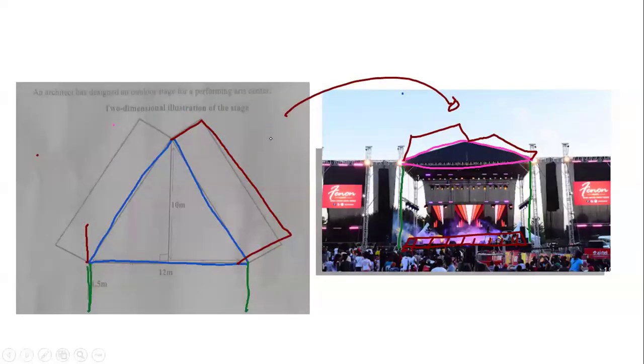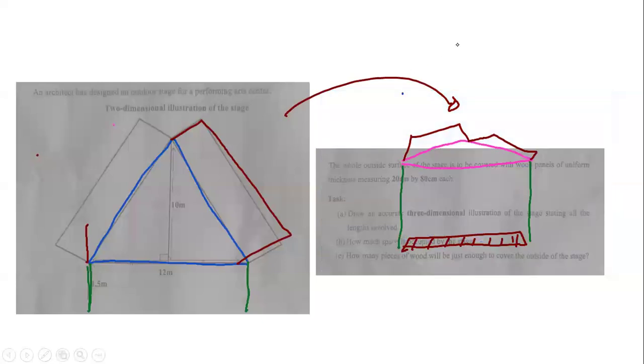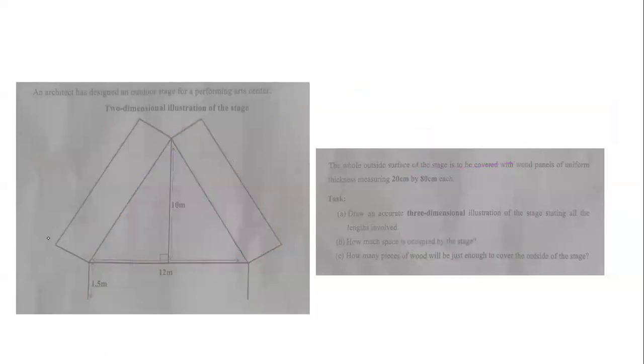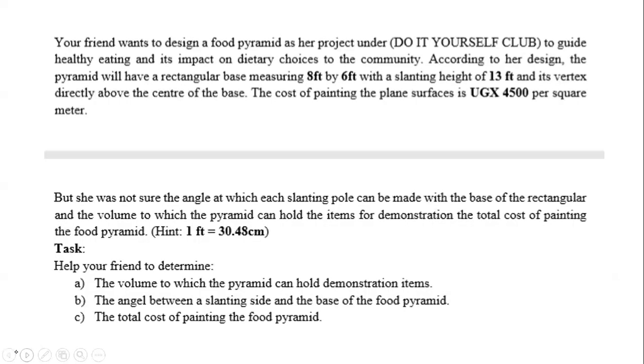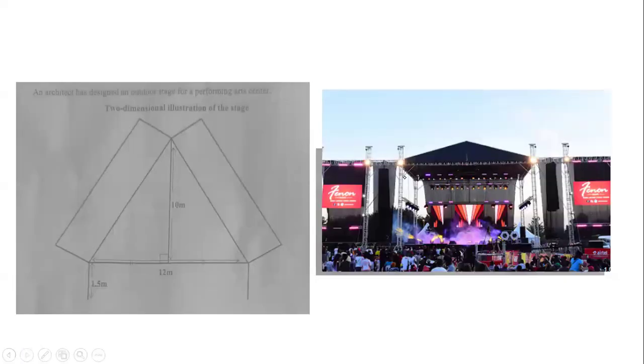Yeah. Now from here, the scenario went on and told us what they wanted. From the scenario, they wanted us, one, to draw an accurate 3-dimensional figure illustration of the stage stating all the lengths involved. So now what do I expect you to do? I expect you to come up with an illustration like this one here as your 3-dimensional figure.